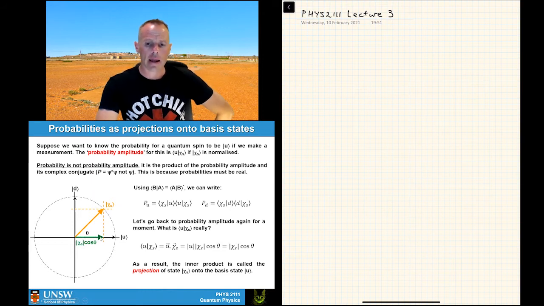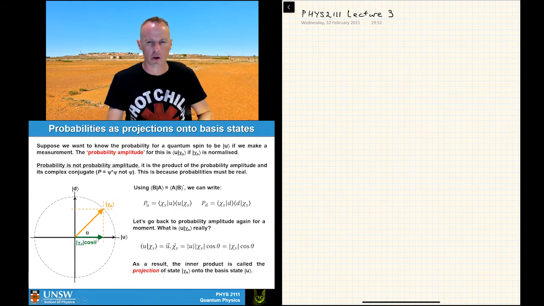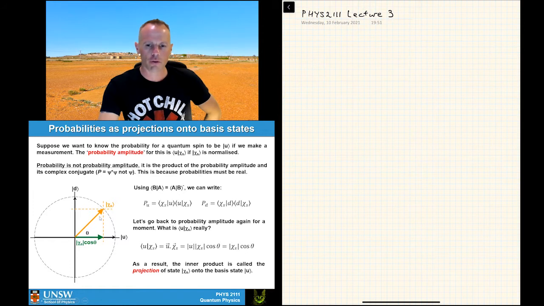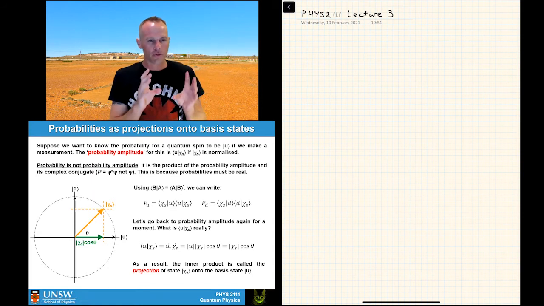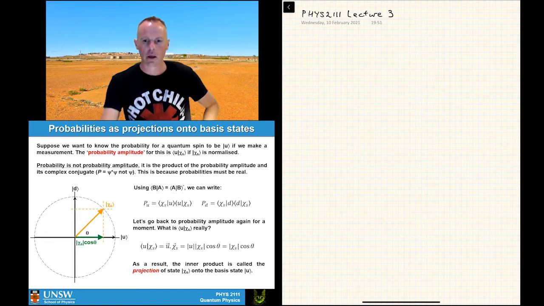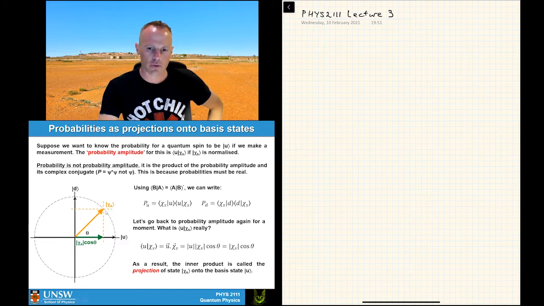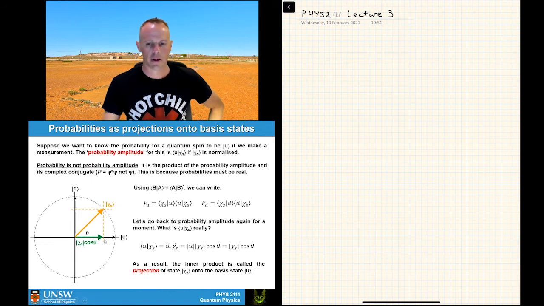In particular, you can draw a line, this orange dashed line here, perpendicular. This is really just the component, in first year physics terms, of the vector chi-s onto the u vector direction. The way you draw things, this is just a projection of the chi-s vector onto the u-axis.